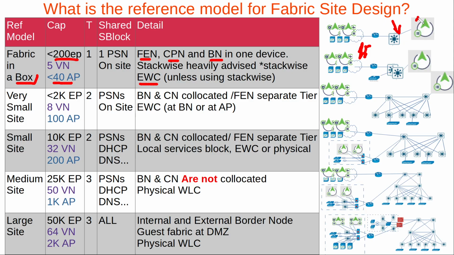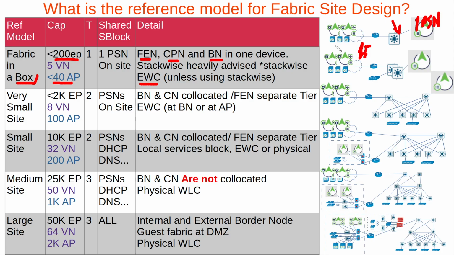Remember that you need at least one PSN ISE persona on site, because that box is in charge of performing all the TrustSec functions. You might want to have that locally. You still need the rest of your servers existing remotely.